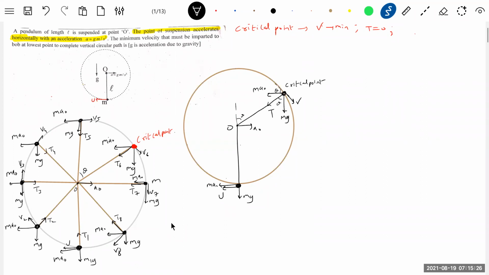So let's write the equation of circular motion: T plus mg cos theta plus ma naught sin theta equals mv square by L. You can see that all these are constant, so when tension is zero, v will become minimum. Tension cannot be negative, so when T tends to 0, v will become v minimum.